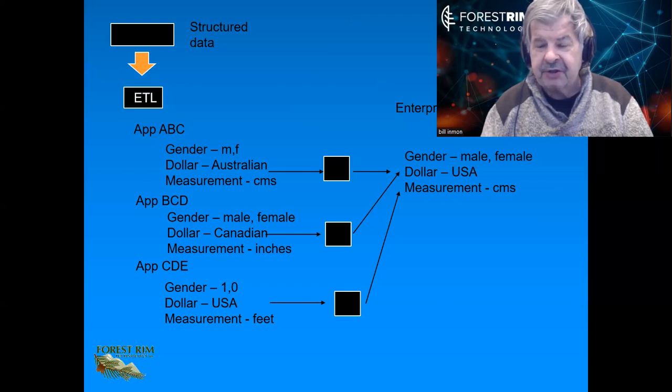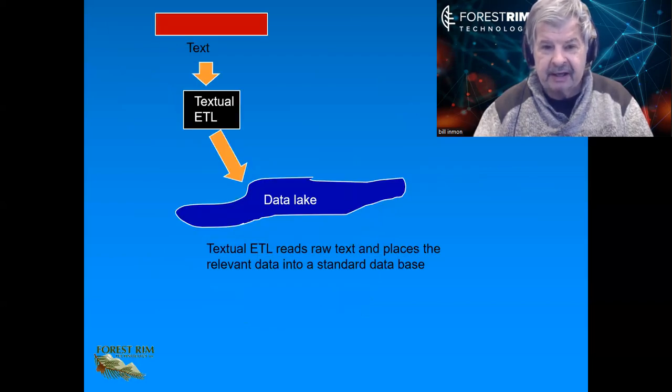We can choose measurement to be in centimeters, so that when we go to do analytical processing on enterprise data, we understand what we're talking about. Now, this is what's meant by integrating data as we put it into the data lake. We don't want to put this application data in the data lake. We want to put integrated enterprise data in the data lake.